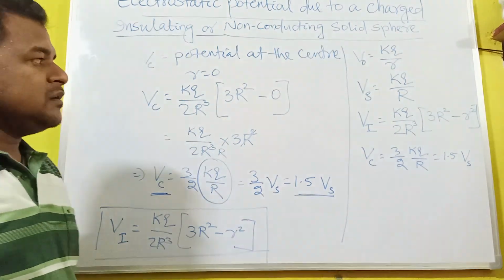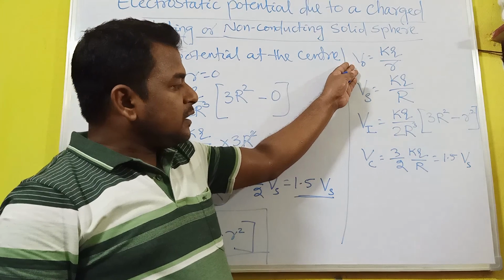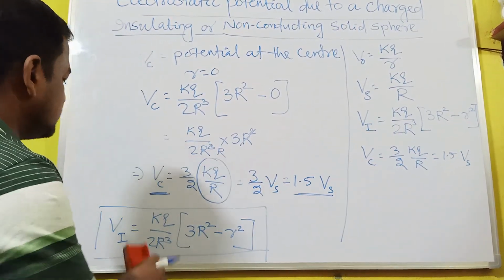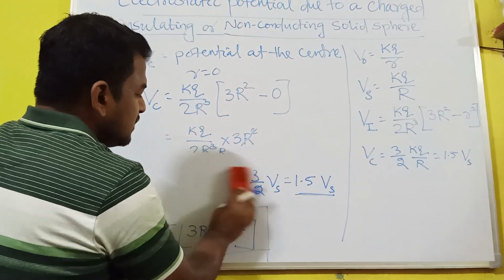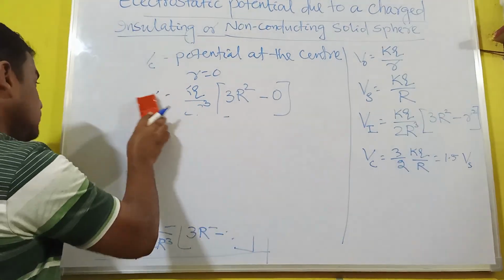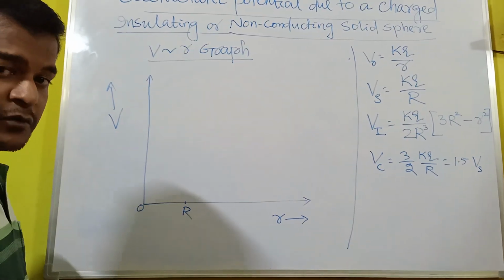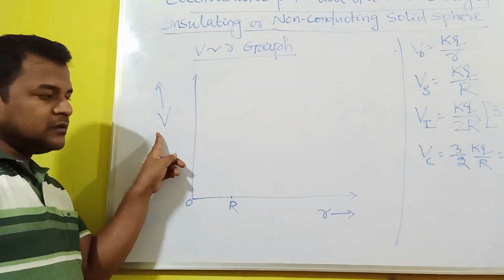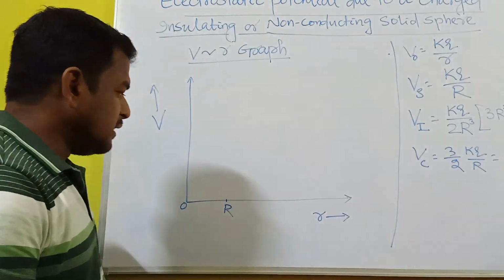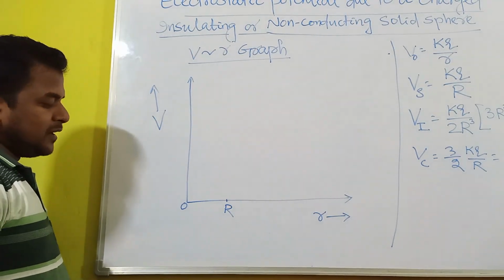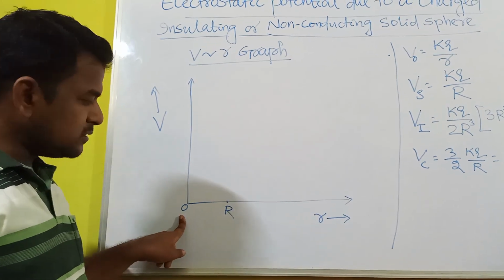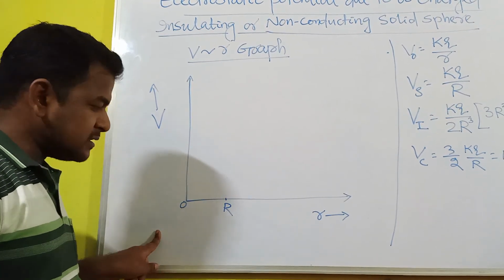Now by using these values we can plot a graph between potential versus distance. If we plot a graph between V versus r, by taking these values, what type of graph will be obtained? Look, this is O. O is the center of the sphere and R is the radius.